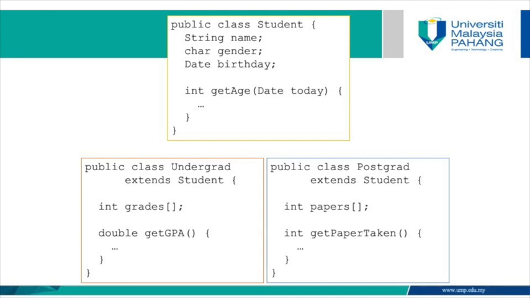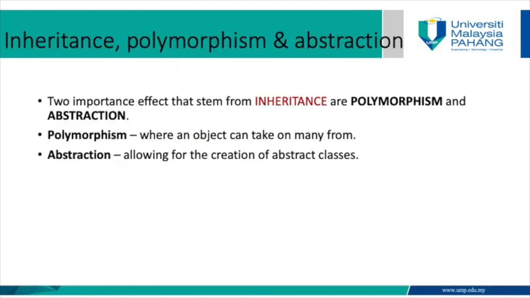Public class postgrad extends student and has the integer papers and the method getPapersTaken. This is how you see the relationship: one parent has two child classes, undergrad and postgrad. Both will have access to the student class method getAge.